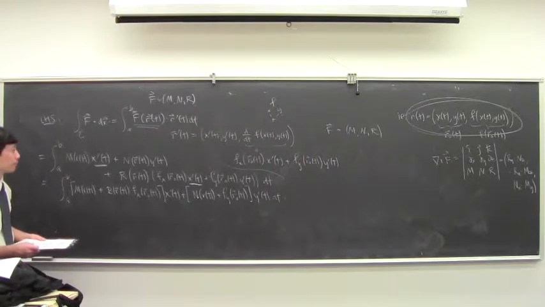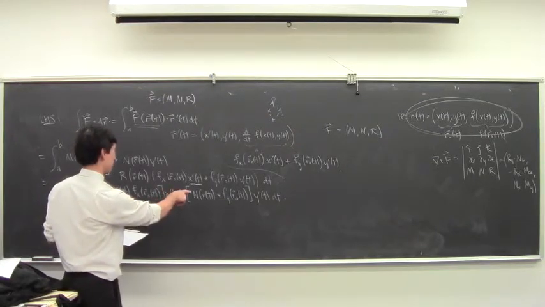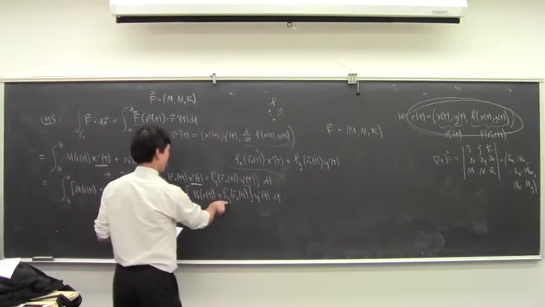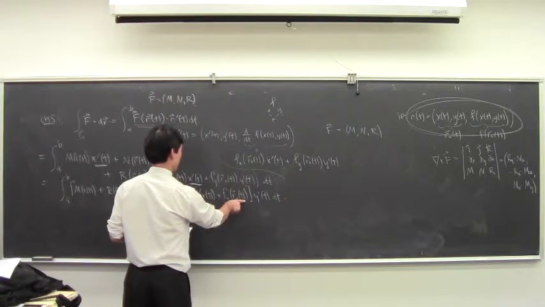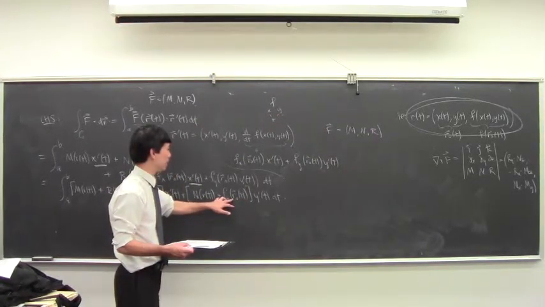Will there still be an R of r(t) next to the F sub y? Would that still be multiplied by the R of r(t)? No, this is F sub y evaluated.